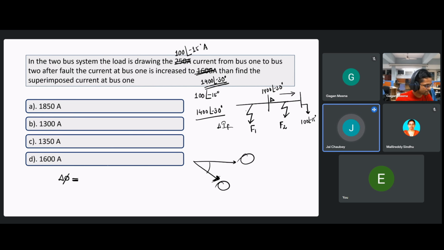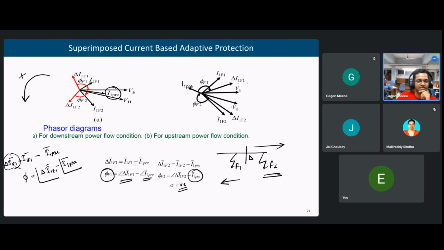We discussed it just now. I wrote the formula, right? See this formula. So we are taking the difference between which two angles, which two currents? Superimposed minus pre. In conventional, we are doing the angle of voltage minus current.